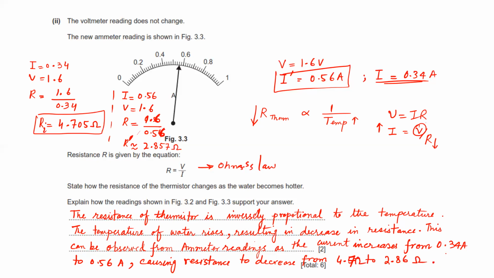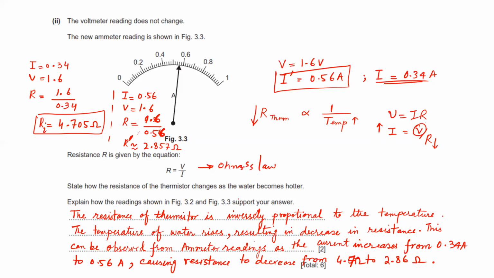Okay, and this is how you write this answer. Again, a good student will explain this answer with the help of these calculations, and this is what the examiners will be looking for: how good your concepts are and how well you understand this phenomenon that is happening. The first line, the resistance of a thermistor is inversely proportional to temperature, is actually a property of the thermistor.